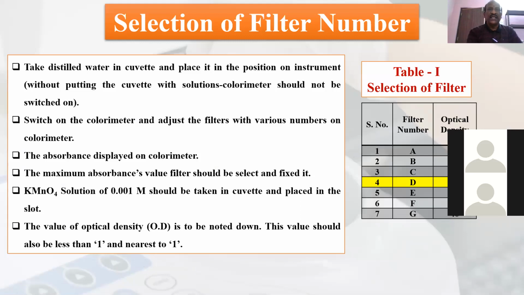Before doing the experiment, switch on the colorimeter and adjust the filter with the various numbers on the colorimeter. Already I told you there are various numbers, 1 2 3 4 5 up to A B C D E F G. The absorption is displayed on the colorimeter, and the filter with the maximum absorption OD value should be selected and fixed. Then the 0.001 M KMnO4 solution should be taken in a cuvette and placed in the slot.